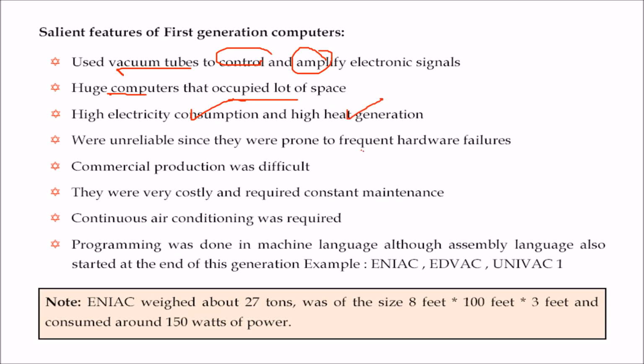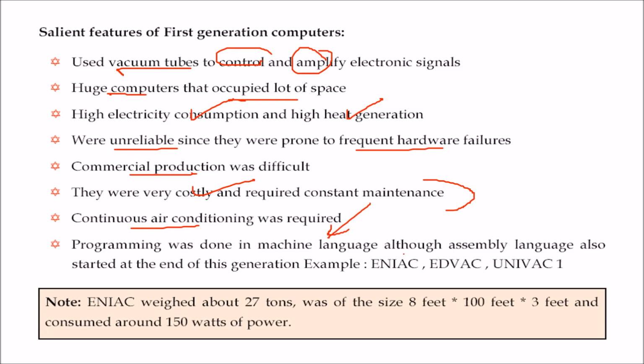Because the hardware technology was not that developed, it was quite unreliable. Commercial production was quite difficult and very costly, and it needed constant maintenance. Air conditioning was required. And the programming was done in machine language.